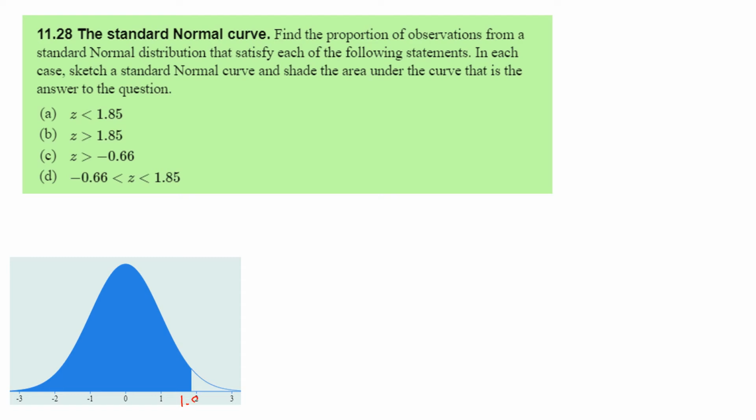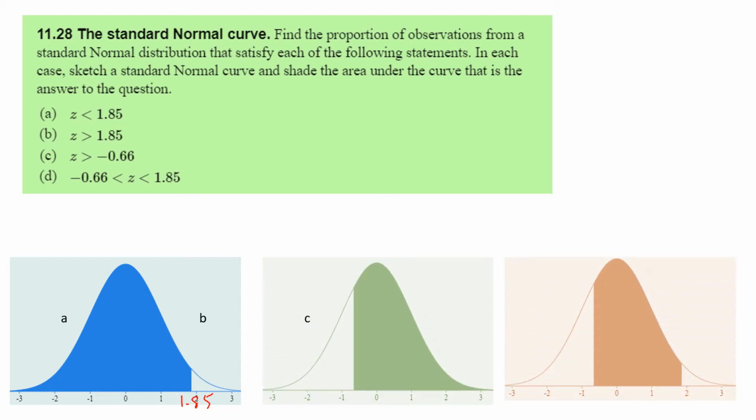This 1.85 does not coincide with 2, so I cannot make use of that 68, 95, 99.7 rule. I have to use only the table. So I go to the table and search for the results which are less than 1.85, and the same way you can get the others.